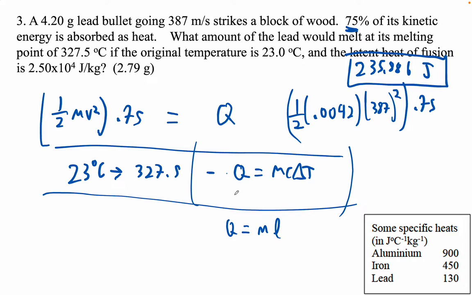Now, to heat it up is going to take how many joules? I'm just using mcΔT. Some of that heat we have to use to heat it up to its melting point, and lead is 130.